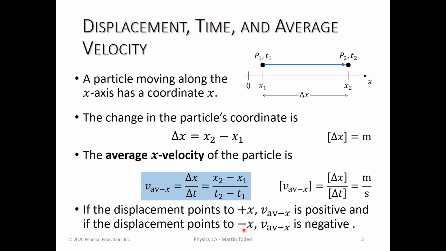This doesn't mean that the particle is on the other side of the axis, going over 0 to negative values. But it means that if the particle is going from x2 to x1, then the velocity vector will point to the left, because that's where the particle is moving.